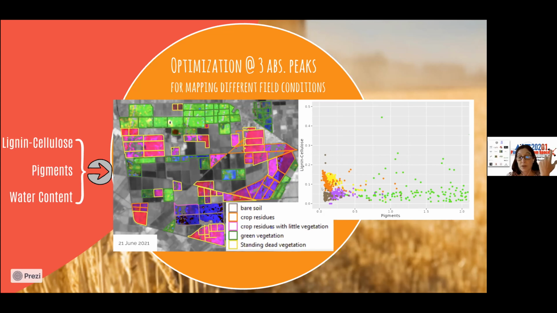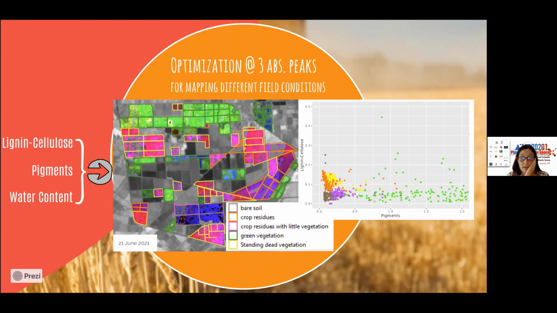And bare soil seems to have no peaks in the two pictures, while green vegetation has, of course, pigments and a quite narrow NPV absorption peak.